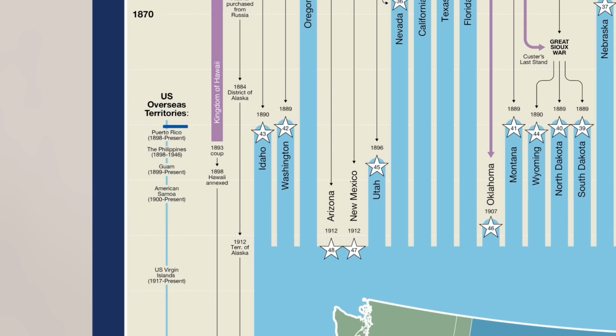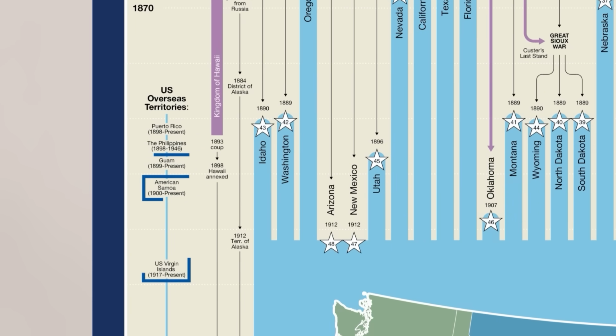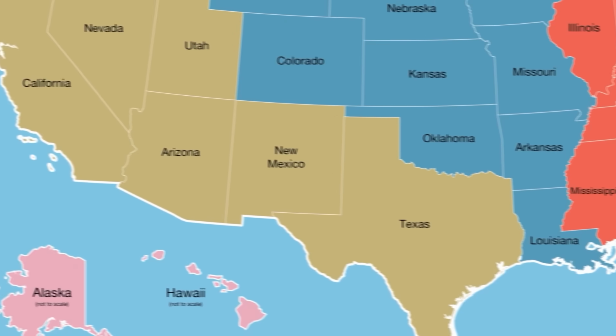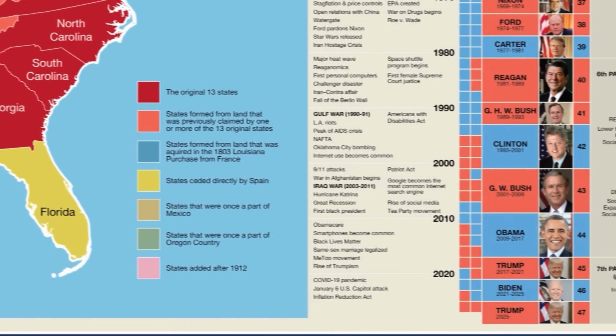At the same time, the US came to control the Philippines over in Asia, but following World War II, the US supported the Philippines in becoming independent. Thus, the only other populated territories held by the US are currently Guam, American Samoa, the US Virgin Islands, and the North Mariana Islands.